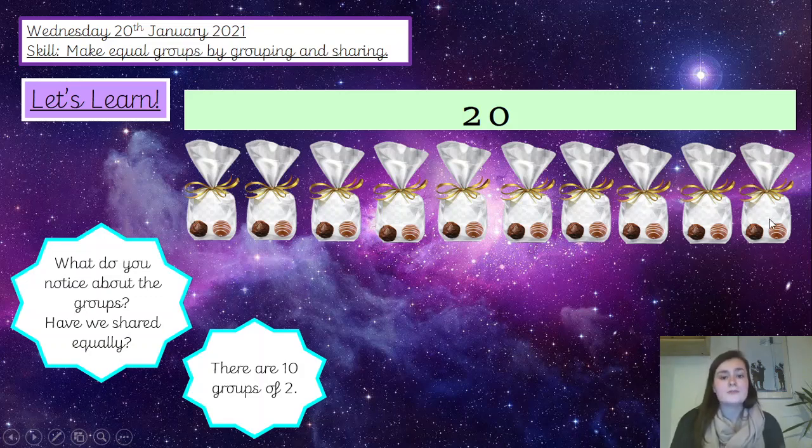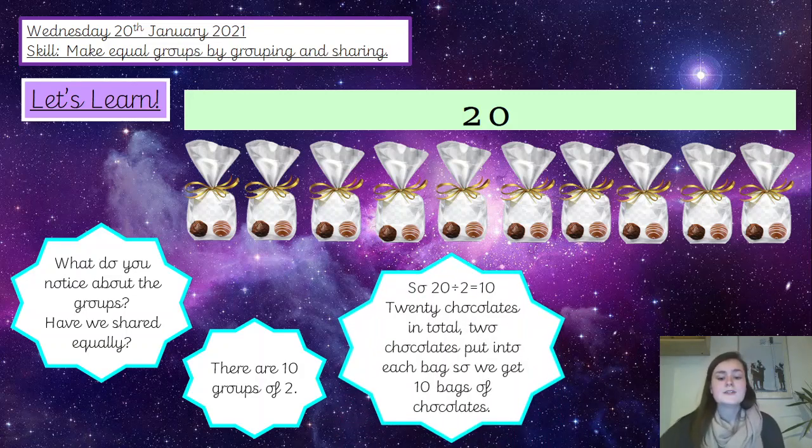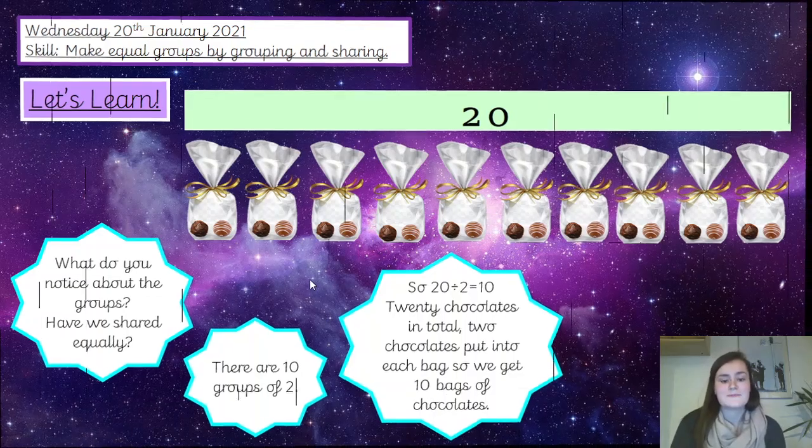So they've been grouped into 10 separate groups. So we know then that 20 divided by 2 equals 10 because we've got 20 chocolates in total divided into groups of 2. So we've got 2 in each bag, which means we've got 10 bags altogether. So the answer has to be 10.